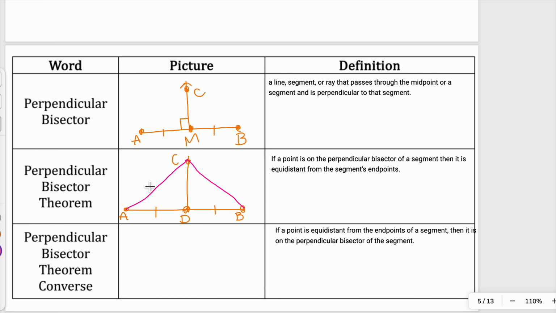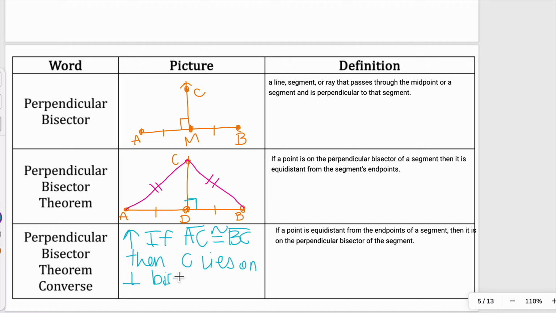So A to C will be the same length as B to C, as long as this is showing perpendicular. And then the converse of that will just say if we are given AC is congruent to BC, then C lies on the perpendicular bisector of AB.